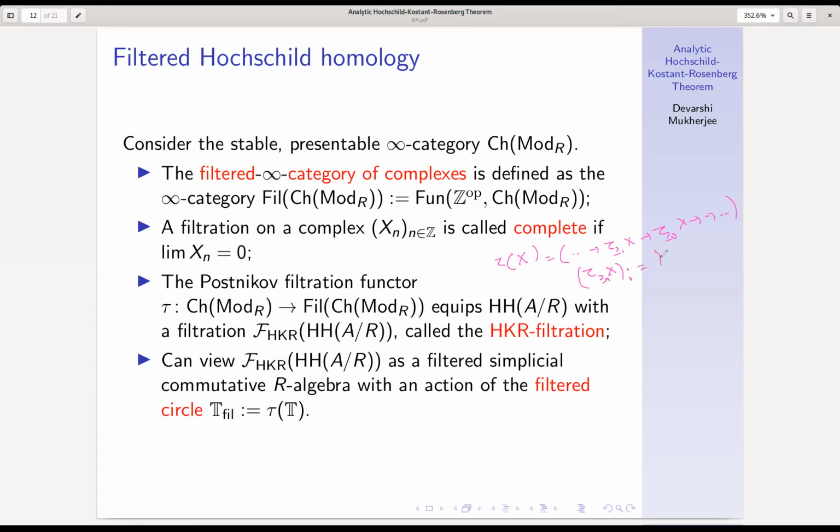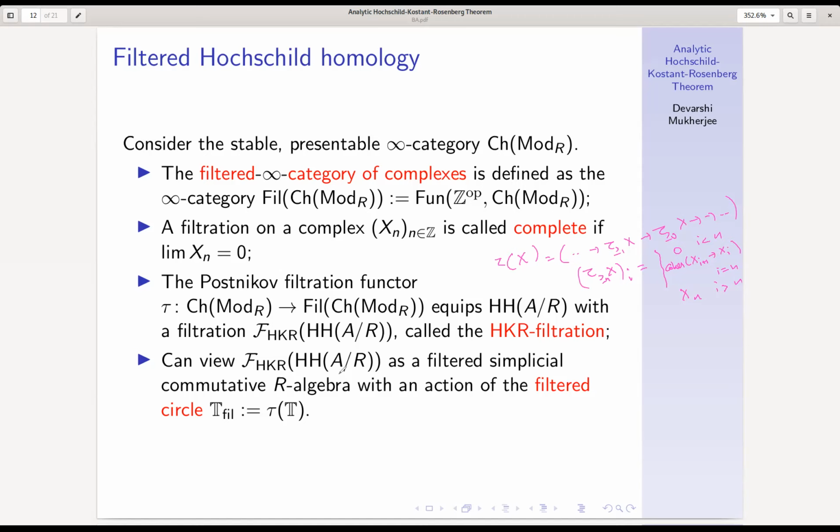For i less than n, you get 0. For i equal to n, this is the cokernel of X_{i+1} to X_i. And it's X_i if i is greater than n. So this is a certain filtration. In particular, when you plug in the Hochschild homology complex, the resulting filtration is called the HKR filtration.